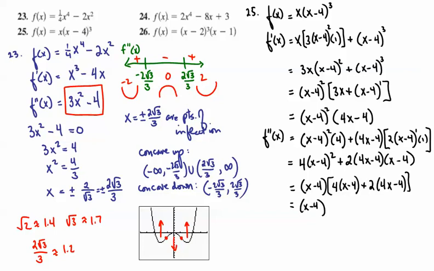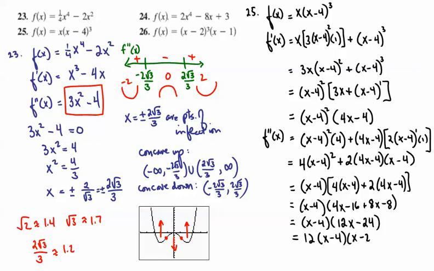So (x minus 4) times, let's see what we get here, 4x minus 16 plus 8x minus 8, (x minus 4) times 12x minus 24, and we can factor out again from the 12x minus 24 a 12, leaving us with 12 times (x minus 4) times (x minus 2).